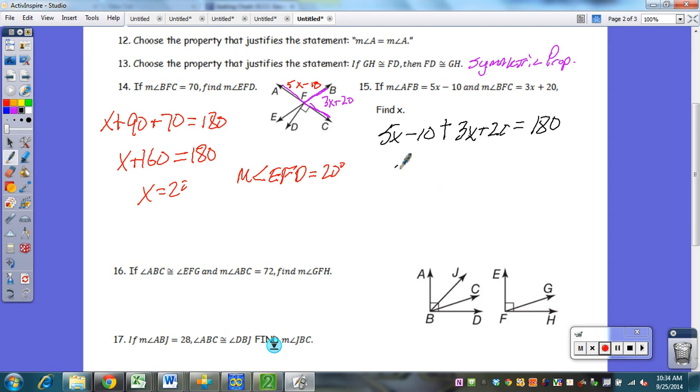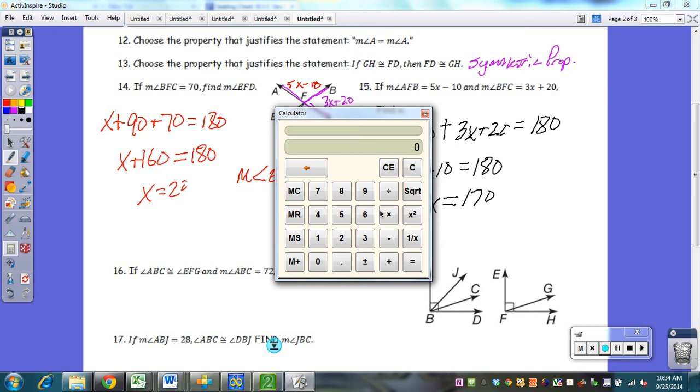So we get 8x plus 10 equals 180. When we subtract the 10, we get 8x equals 170. So 170 divided by 8 gives me 21.25.